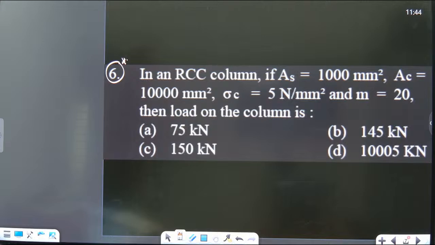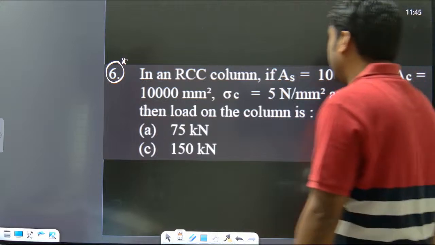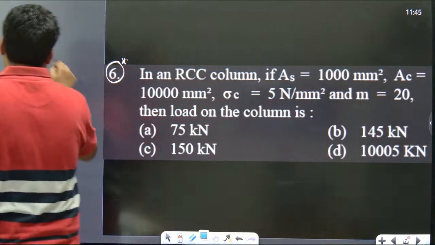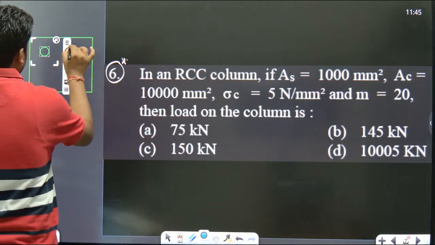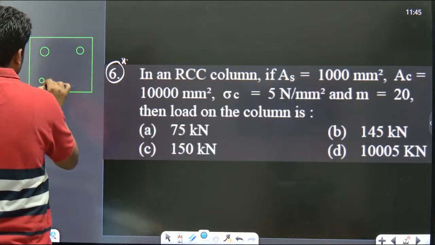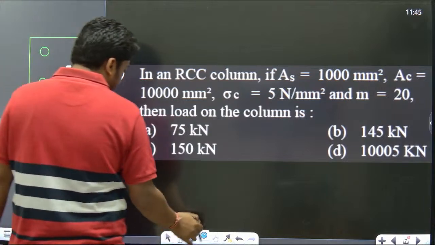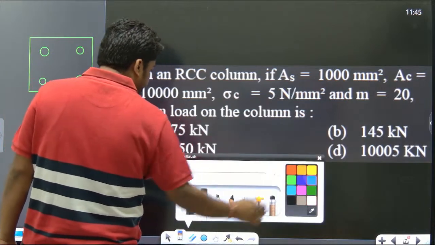Now look very carefully. How do we solve the question? In the cross section of column, you can see there is reinforcement as well as a stirrup.